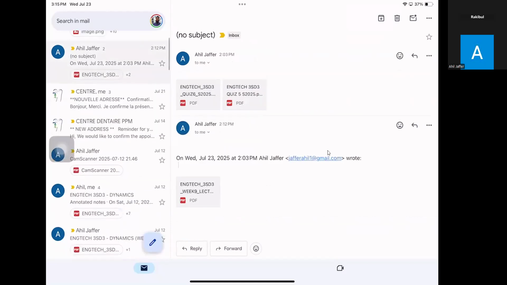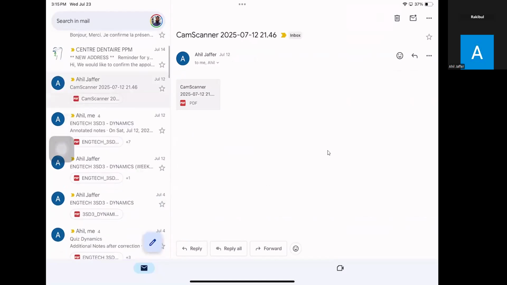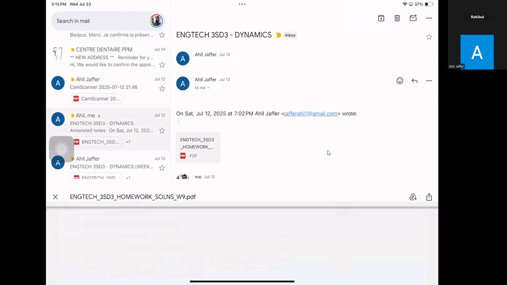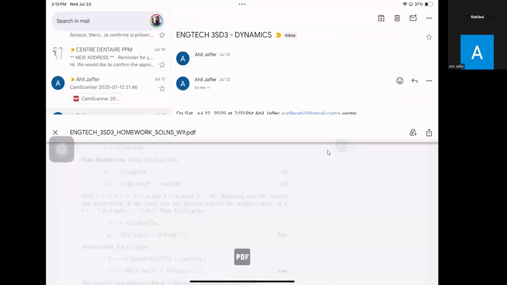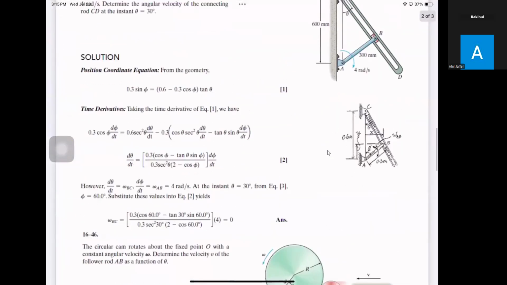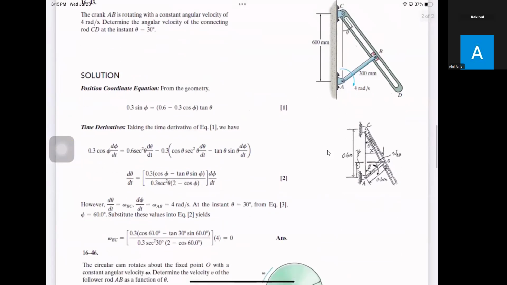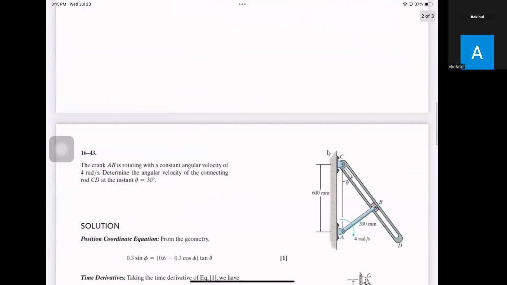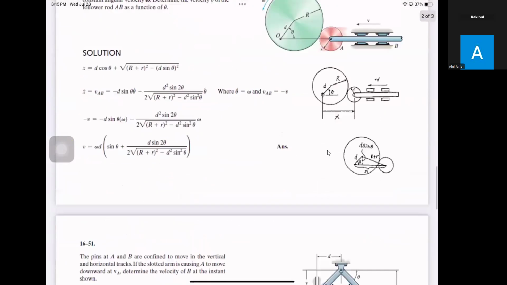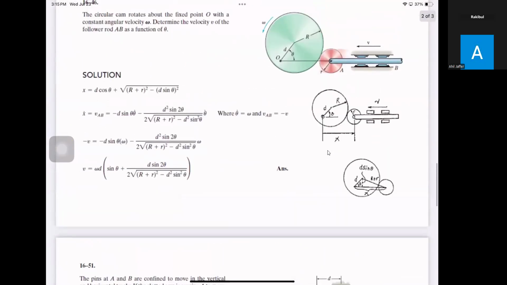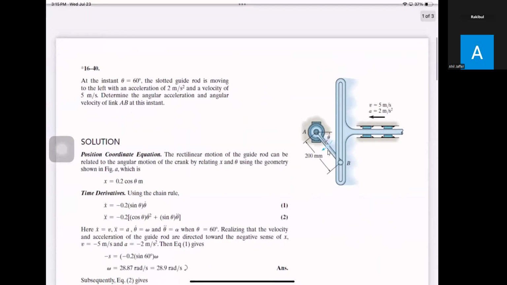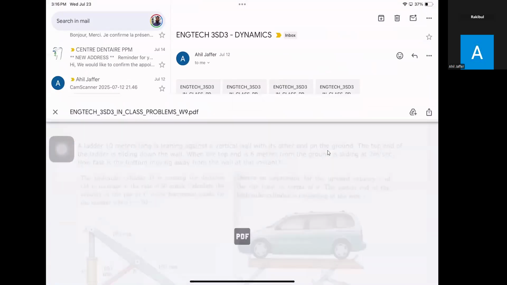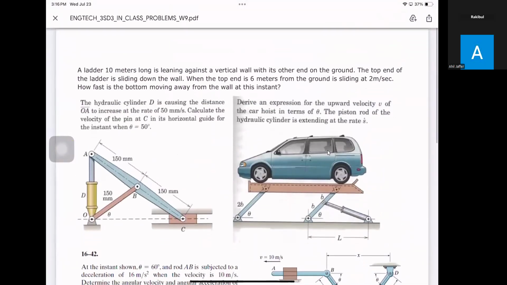Where we had to find angular velocity. It's pretty important that we solve each and every note that they have given to you. Okay, we'll solve it.